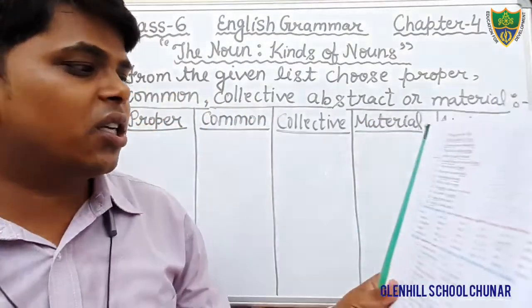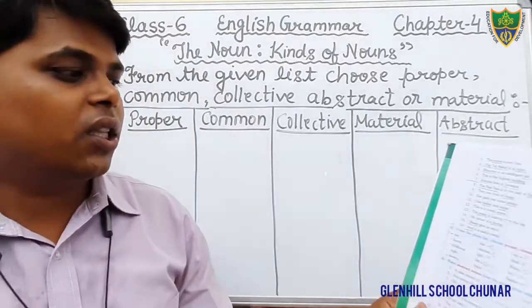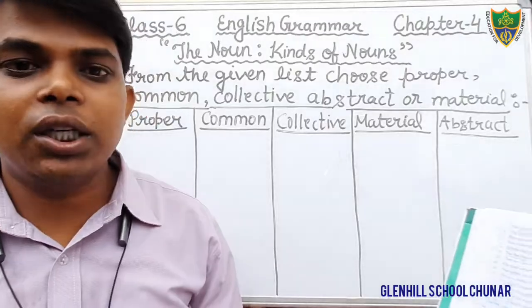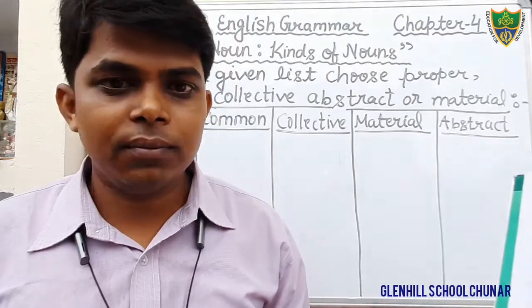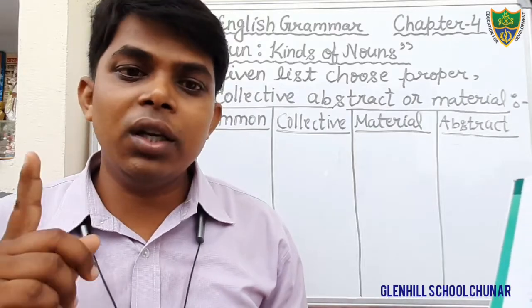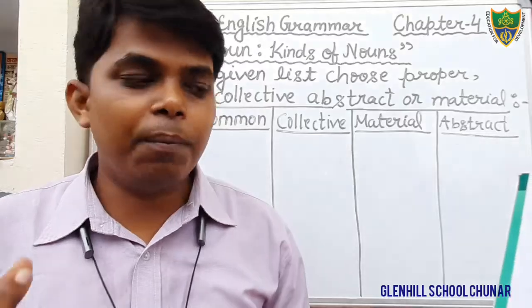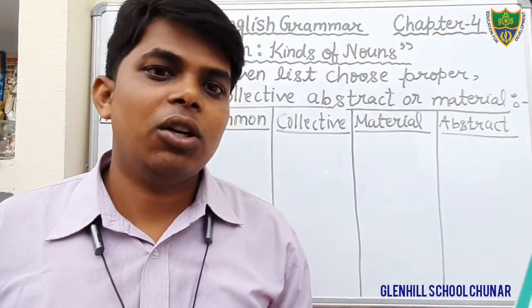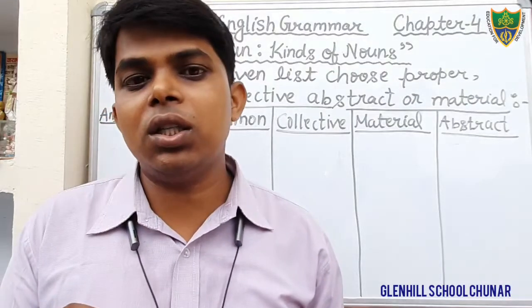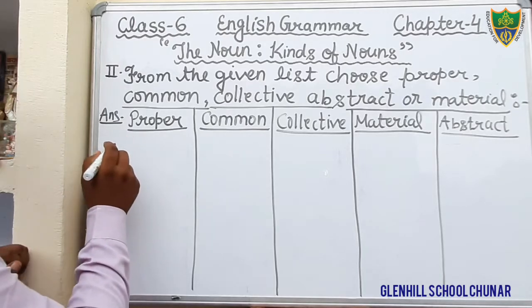And now students just see, there are some words. In the first row we will see what is there. Sun. Sun is a particular, one thing in this world, a particular star. Okay, so here the sun is a proper noun. Okay students, so in the column of proper noun you will write the word sun.